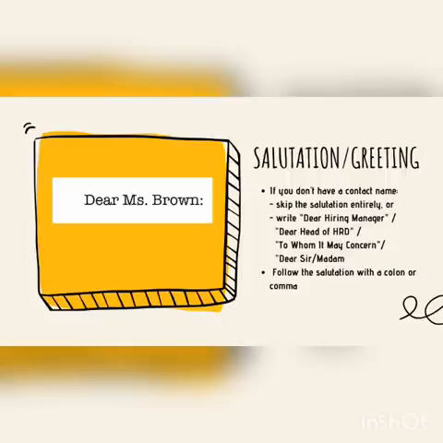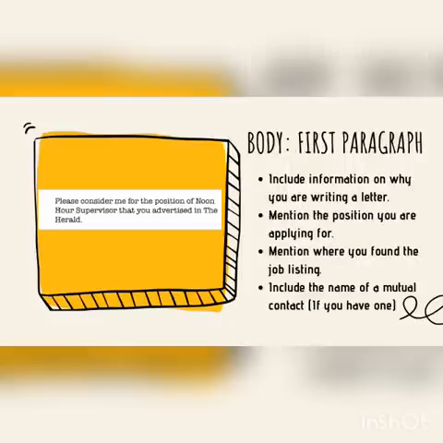Okay, after the salutation there will be the body of the letter, and the first paragraph we call the opening paragraph. In this opening paragraph, Ted includes information on why he is writing a letter, and he also mentions the position he is applying for, and where he found the job listing.